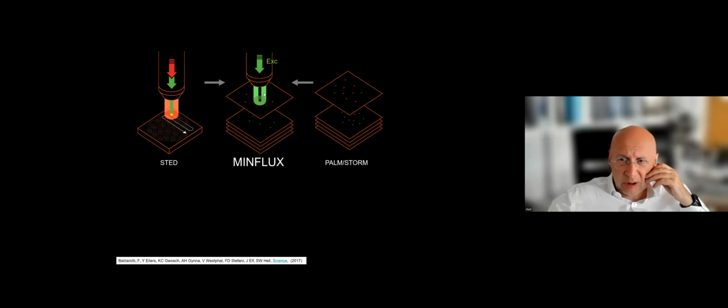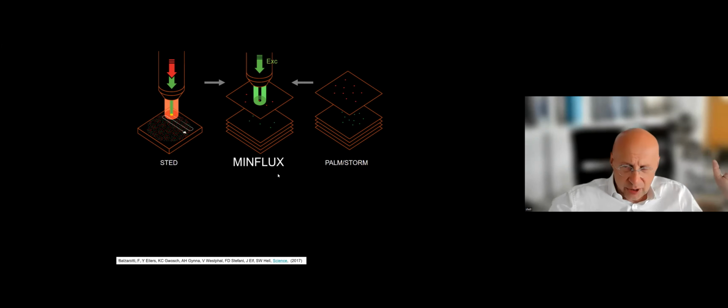But we find out the position of the molecule just by trying to match the zero here of the excitation beam with the position of the molecule. And if we do that, then we know exactly where the molecule is. And this is why we call it MINFLUX, because the minimum of the excitation beam, which is a hole actually, is made to coincide with the molecule, and then the molecule doesn't emit. So we actually minimize the flux of fluorescent photons to find it out.